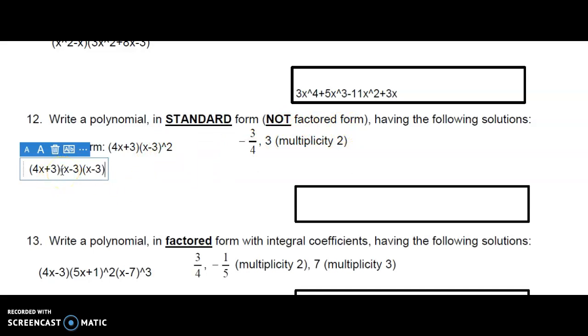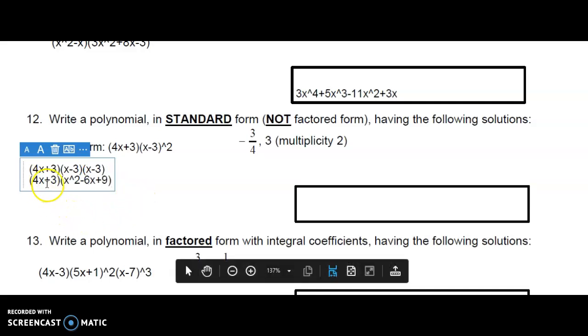Then what you would want to do is multiply all 3 of those together. I would suggest multiplying x minus 3 times x minus 3 first, and then multiplying that answer with 4x plus 3. So I'm going to rewrite 4x plus 3. When I multiply x minus 3 times x minus 3, I get x to the 2nd power minus 6x plus 9. Again, you can do that with FOIL or with the box method, whatever works for you.